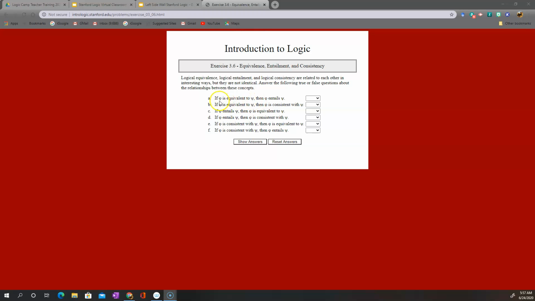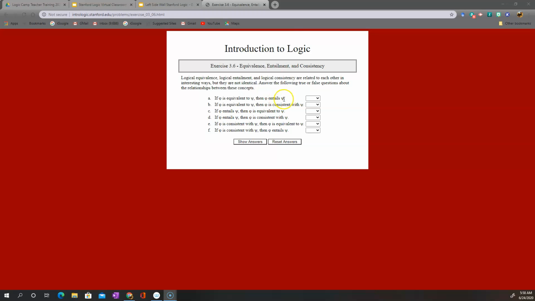to be equivalent, it requires that for each set of truth assignments, the truth assignment evaluation of phi has to be identical to the truth assignment evaluation of psi. And entailment requires that each true evaluation of phi has to also result in a true evaluation of psi.